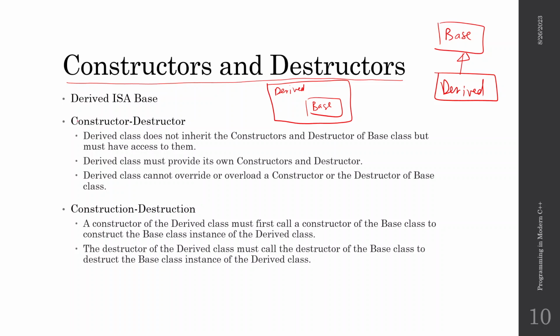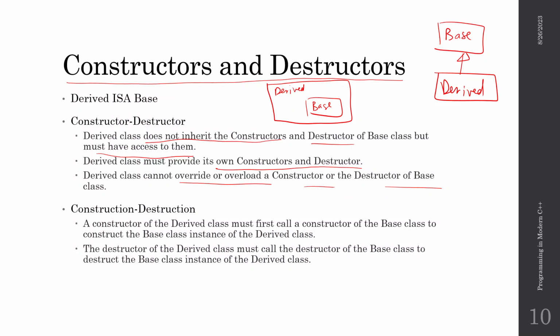You must remember that the derived class does not inherit the constructors and destructors of the base class, but it must have access to them. Meaning that the base class constructors and destructors should have protected access. You cannot have private access, because then you cannot initialize the derived classes. And the derived class must provide its own constructor and destructor. And finally, the derived class cannot override or overload a constructor or destructor of the base class.